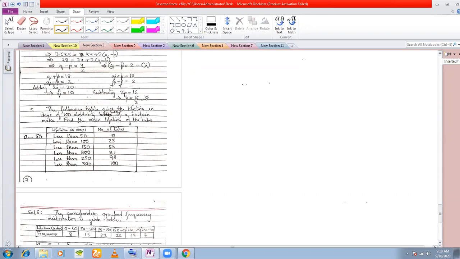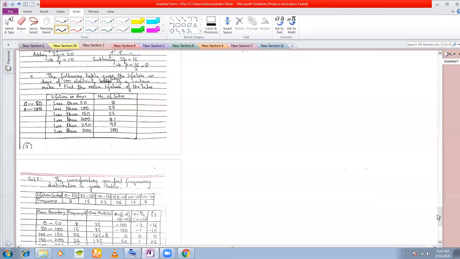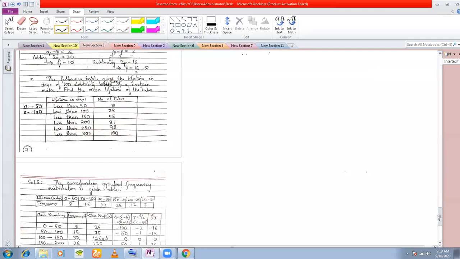Then again the next one, less than 100, actually means 0 to 100, right? And then again the next, less than 150, means 0 to 150. But these intervals are not of our convenience because each interval starts from 0.